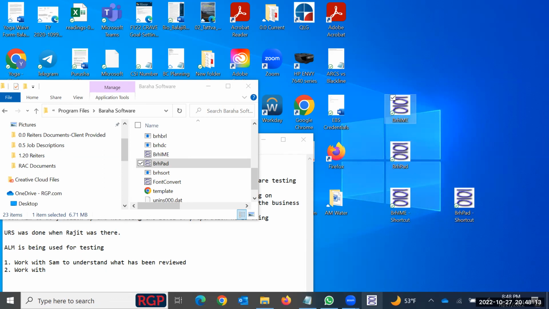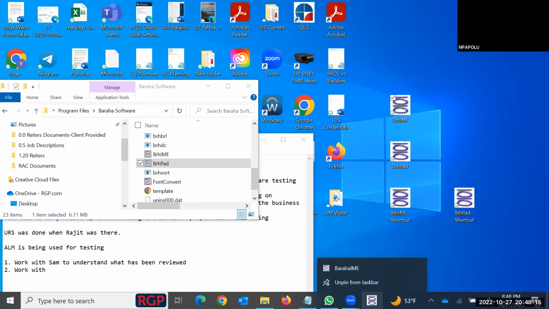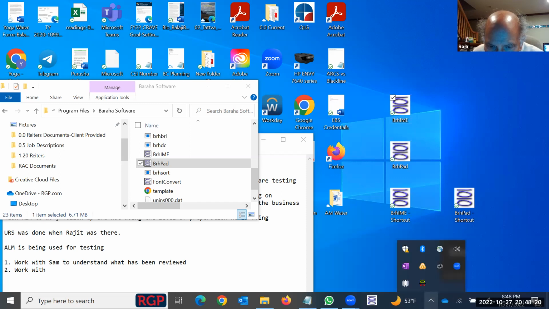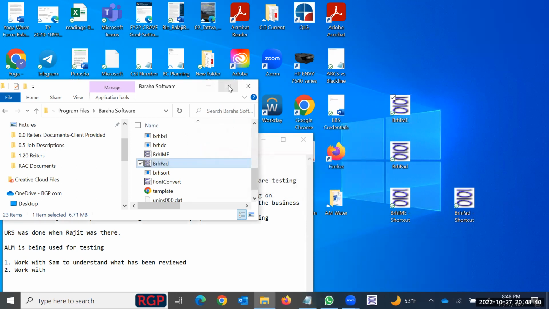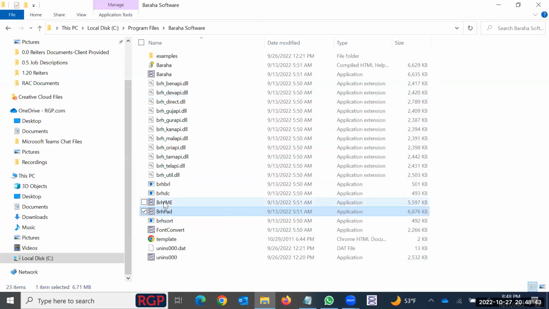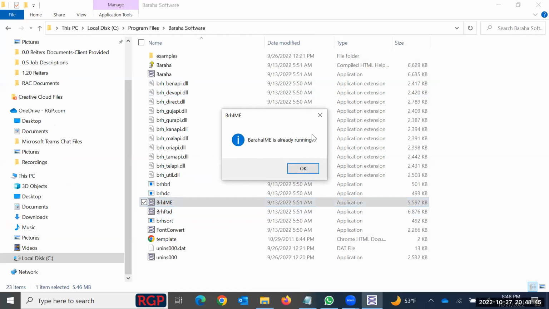Oh, I see. Okay. Right hand side, after that one, next to that one. Where is the language in that? No, right click the Baraha IME, please. Start that Baraha IME again. You have not done the Baraha IME. Press the Baraha IME. Yeah, I can start it from here. Baraha IME is already running. But bring it to the desktop.